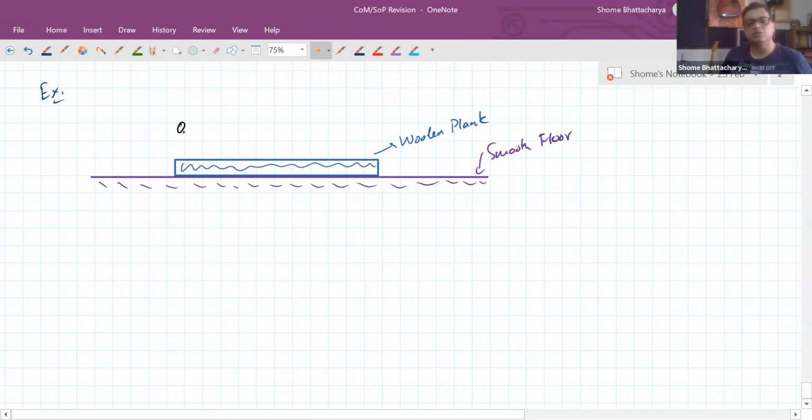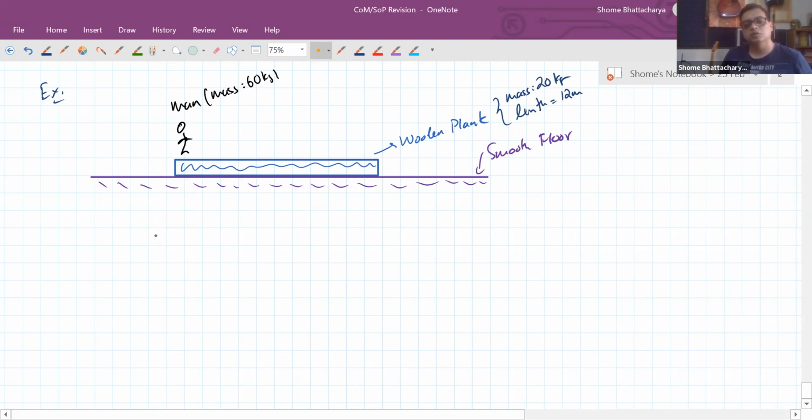And on the plank at one end, there is a man. So the wooden plank has mass, say, 20 kilograms and length 12 meters. And the man has a mass of, let's say, 60 kilograms.